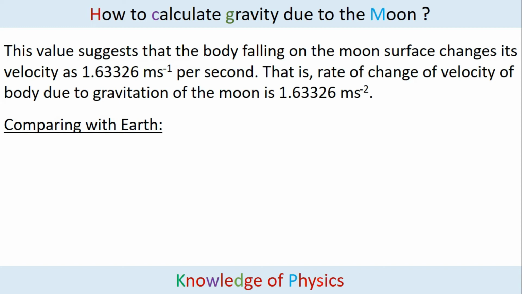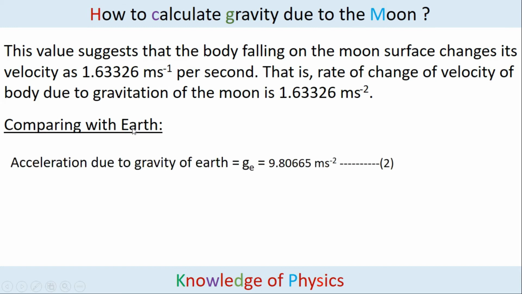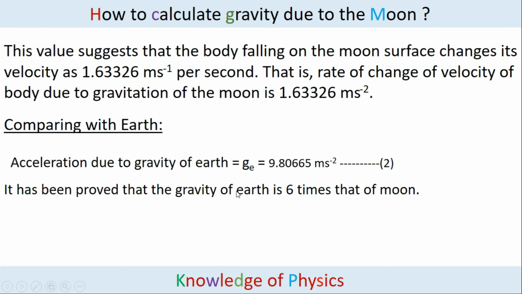Comparing this value with gravity due to earth, the acceleration due to gravity of earth g, I have already told you, is this much, and it has been proved that practically the gravity of earth is 6 times that of the moon. You can see this statement in any physics textbook related to moon and earth: the gravitation of earth is 6 times that of the moon, or the gravitation of the moon is 1/6 of earth.